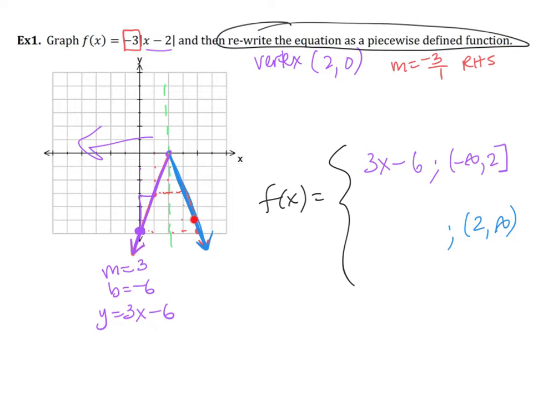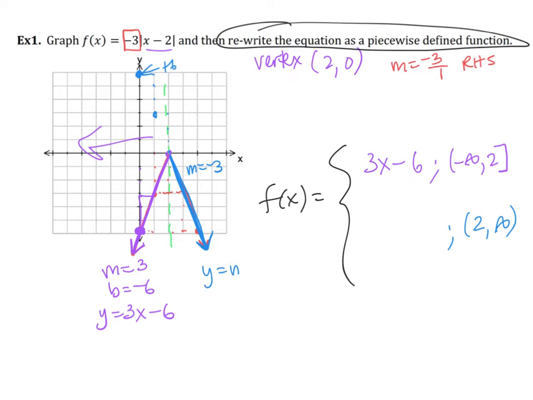Then I break it down and I do the other part of the line from 2 to infinity. So now the question is, how do I get the equation of the blue graph? Well, we can continue with that slope, up 3 to the left 1, to get the y-intercept, which I can see is positive 6, and the slope is negative 3.